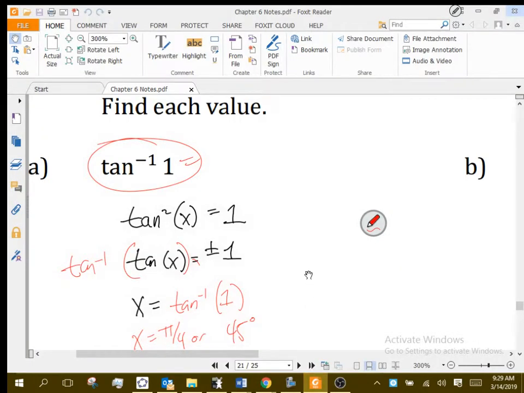Now, when I do arctangent of -1, the question is, what do I get back when I do that? I'm thinking the sine and cosine still have to be the same amount, right? They both have to be radical 2 over 2, but one is going to be positive, one is going to be negative, correct?